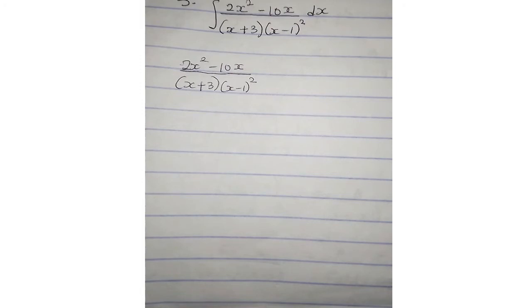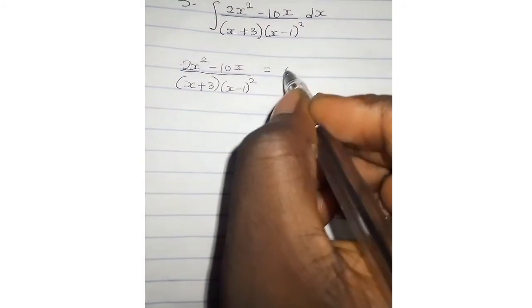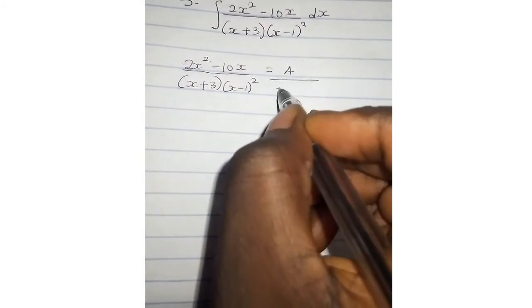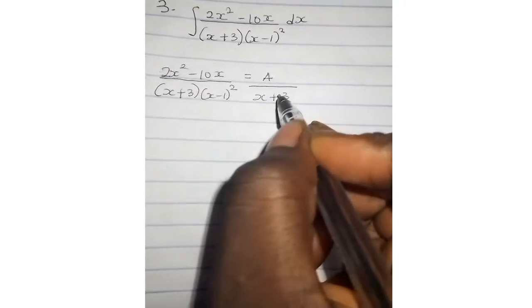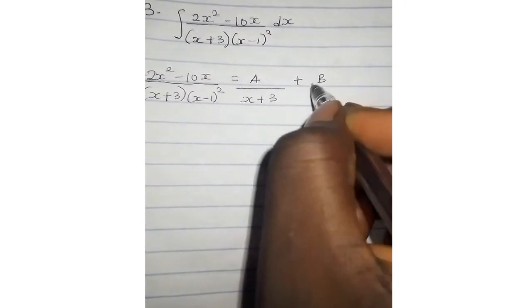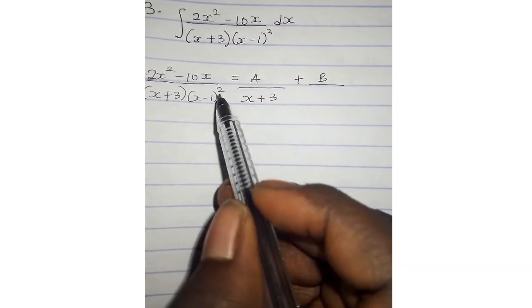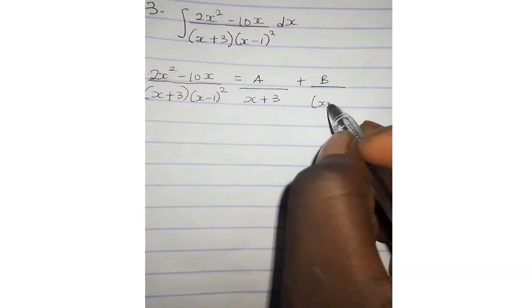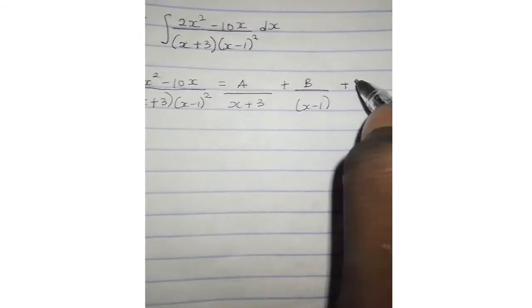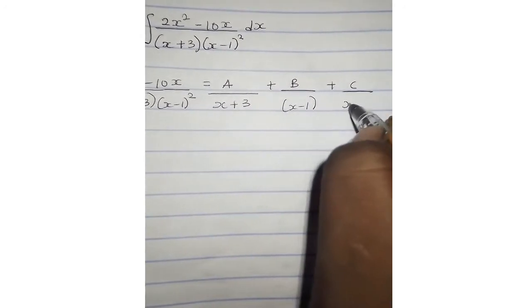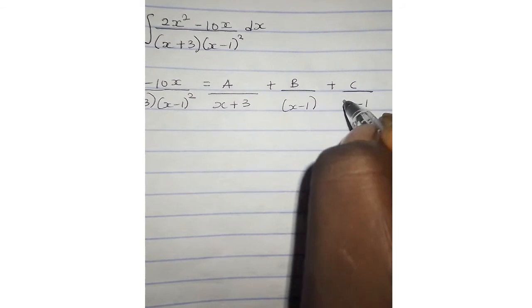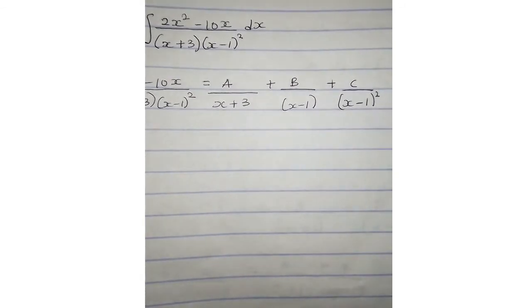So we're going to write this as a over x plus 3, plus b over, since there's power 2, we write power 1, then we write power 2, so we're going to have x minus 1, plus c over x minus 1 all squared. So this is how it's going to be.